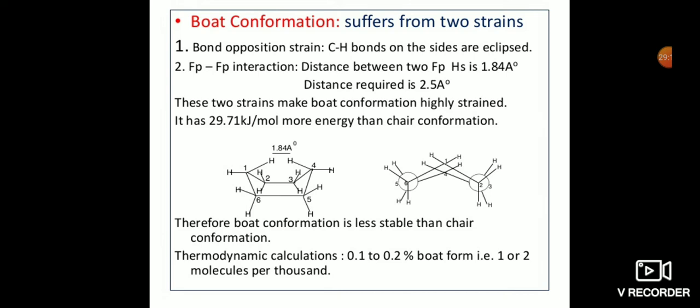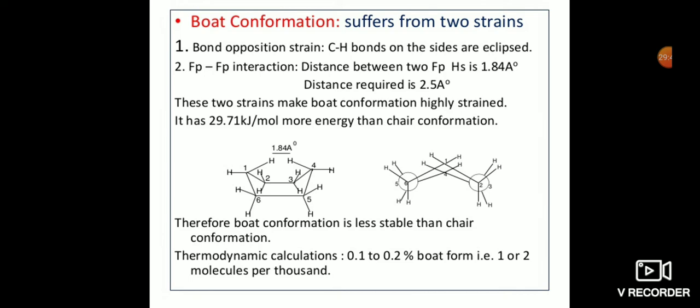Because of mainly these two strains, boat conformation is highly strained and it has higher energy than chair conformation. The structure or conformation which has higher energy is less stable. So boat conformation has higher energy than chair conformation. That's why it is less stable than chair conformation.